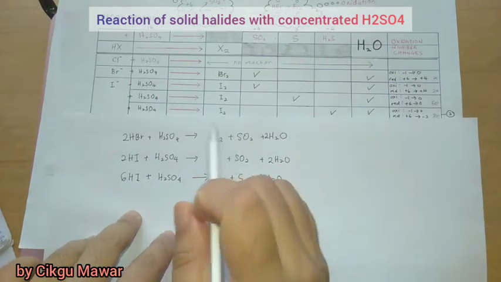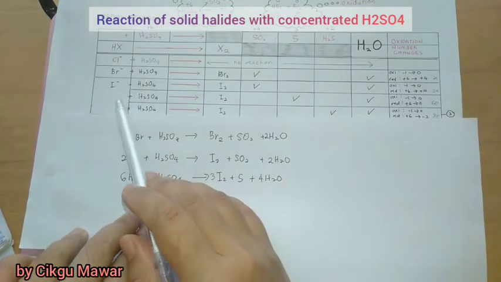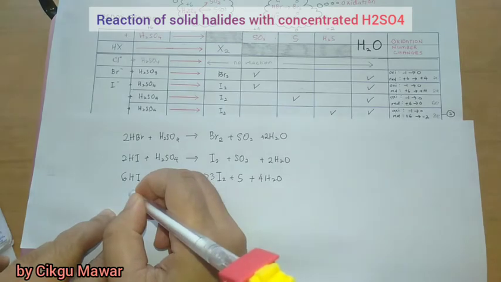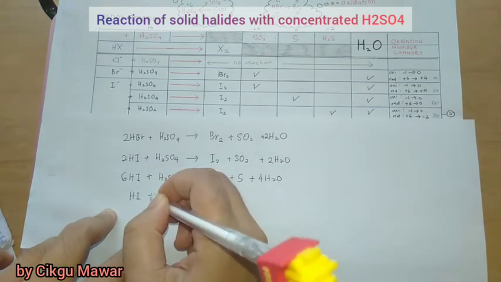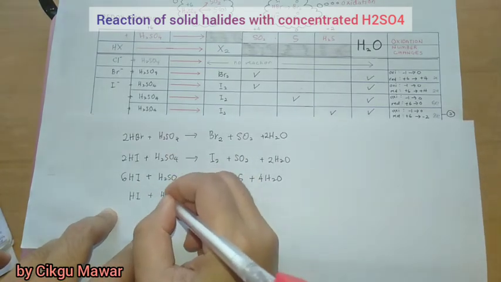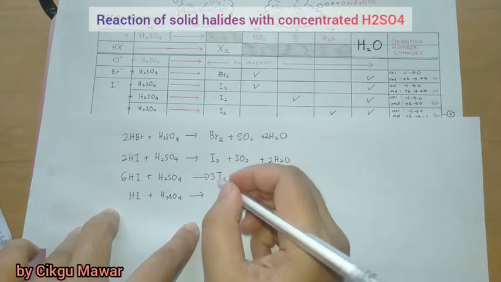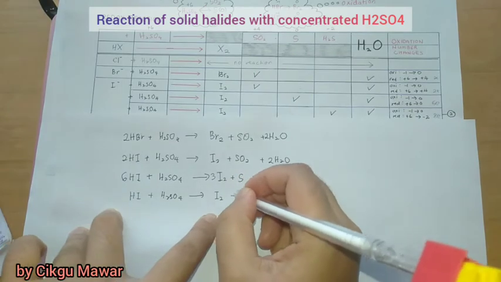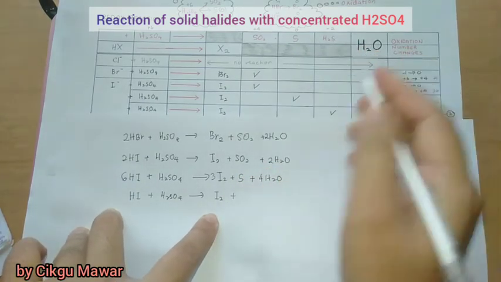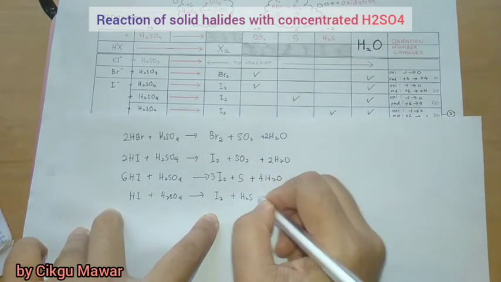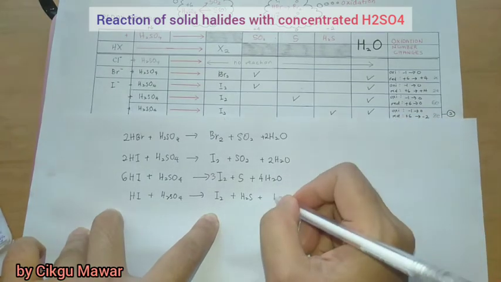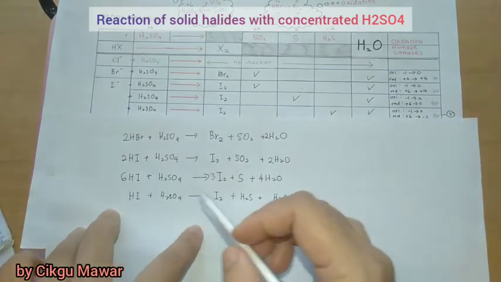For the final redox reaction, iodide, I write it as hydrogen iodide reacting with sulfuric acid. The products formed here are iodine, followed by hydrogen sulfide, H2S, and water. How to balance the equation?